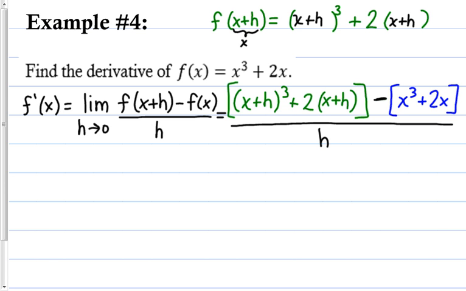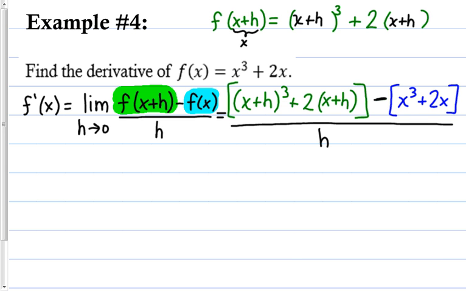Okay, so I wrote it all out. All the green stuff is supposed to be this part, and all the blue stuff is supposed to be this part. Now, I did write out the green stuff on top. Those expressions are going to have to get expanded out.